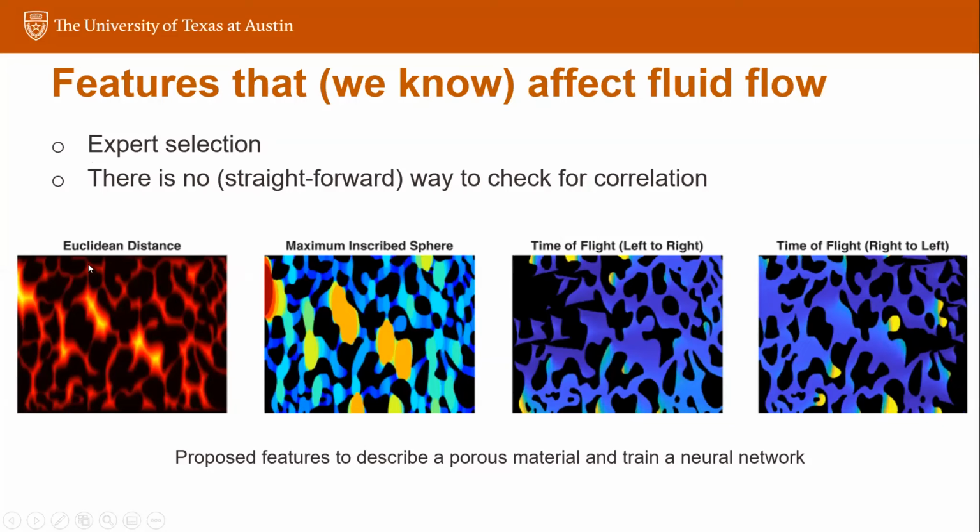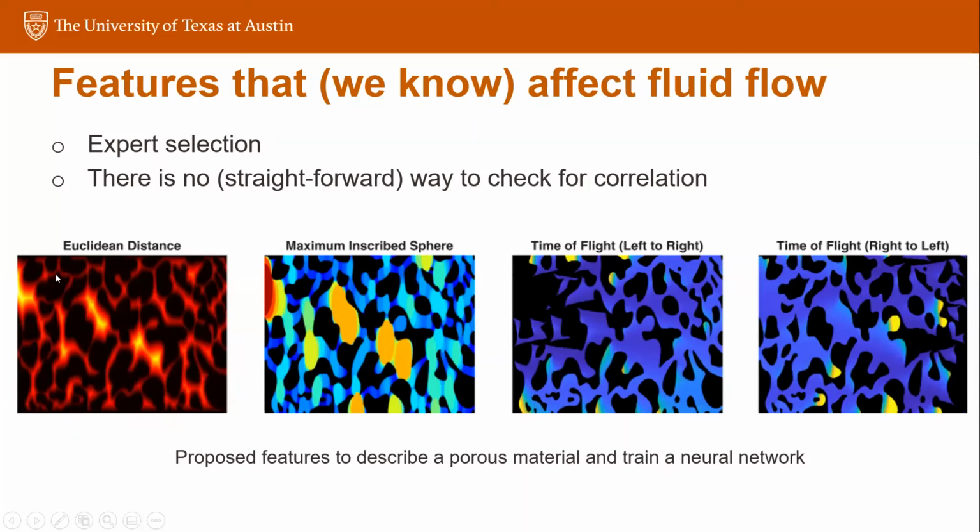The first feature is the Euclidean distance. This tells you how far away you are from a solid wall. So in the picture to the left, you can see that the center of the pore has a really bright response, which means it's the furthest away from the solid wall.